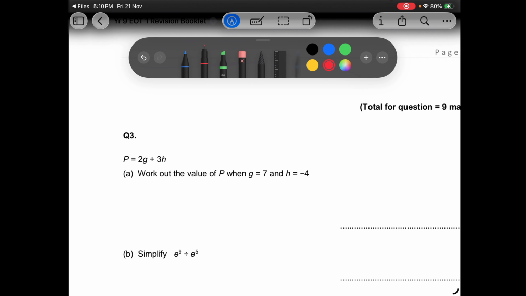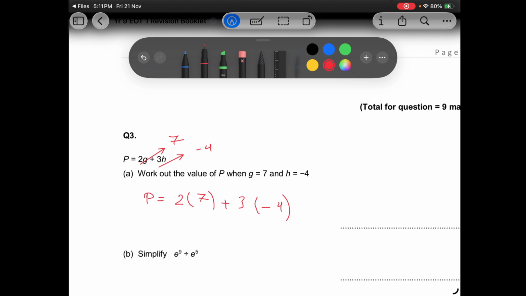So it's like this: what is the value of g? The value of g is given here, which is 7. And what is the value of h? H is given as well, and the value of h is minus 4. P equals, plus, 2, not 3, two times 7 plus 3 times minus 4.